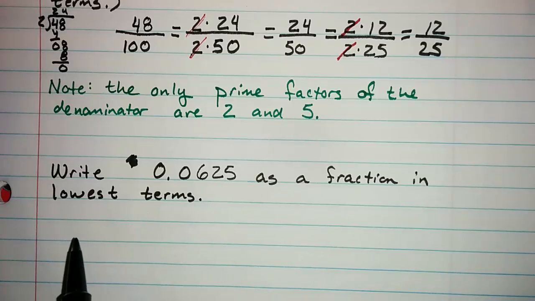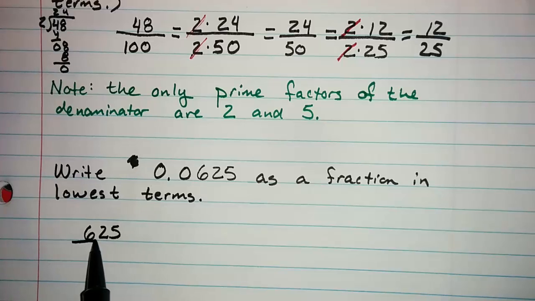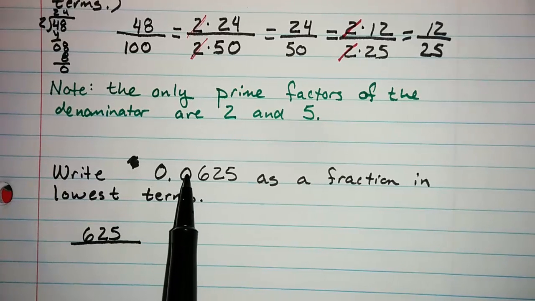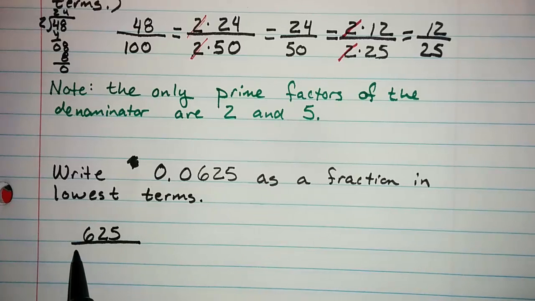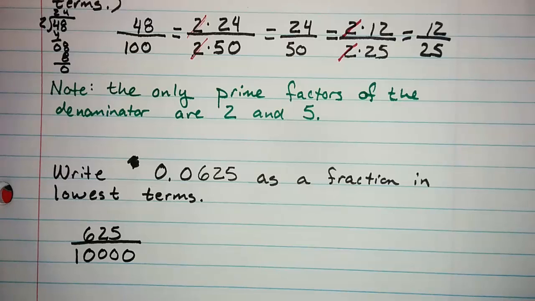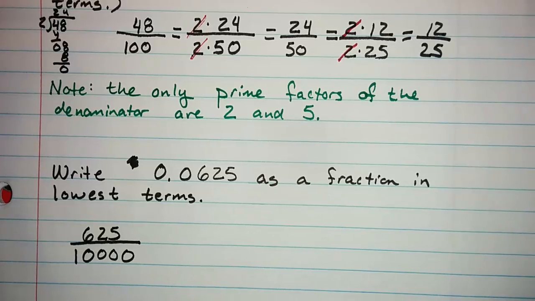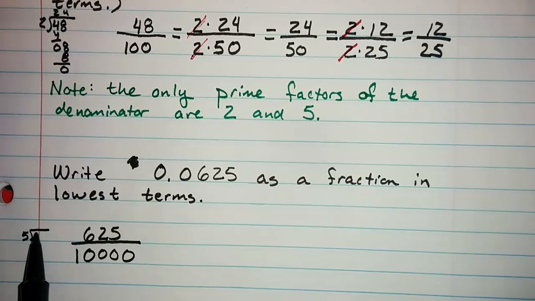Alright, so in fraction notation, this is going to be 625 over, 1, 2, 3, 4 digits after the decimal point, so 1, 2, 3, 4 zeros in the denominator. Well, looking at these two numbers, I see that each one is a multiple of 5. 5 goes into 625.